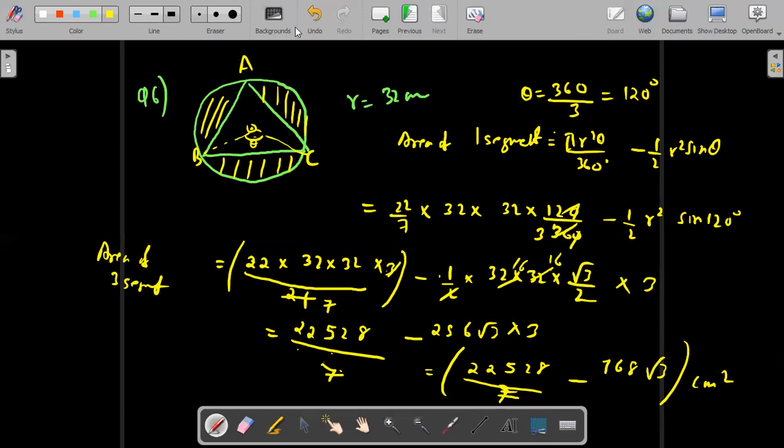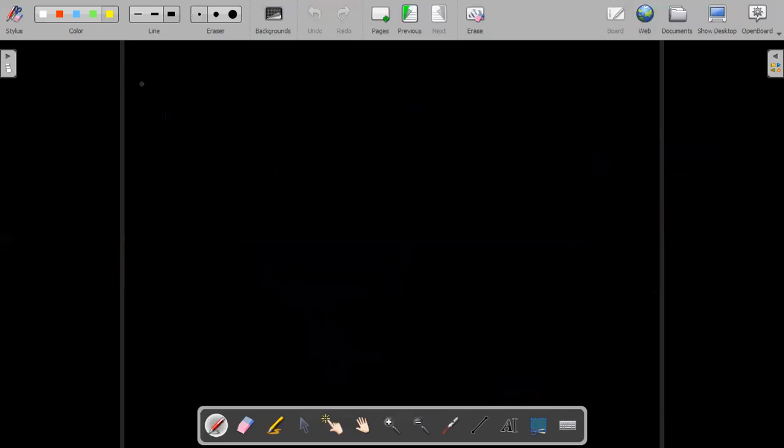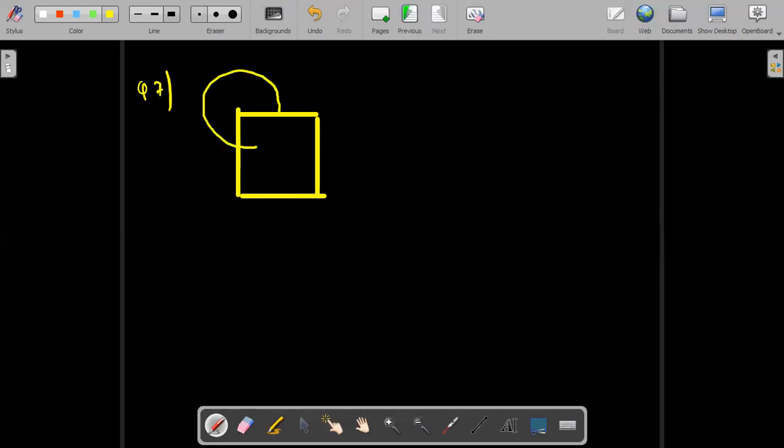Moving on to question number 7. The figure is of a square, right? And with each vertex, what is happening? Drawing a circle. So we have a circle. The 4 circles are going to touch one another.